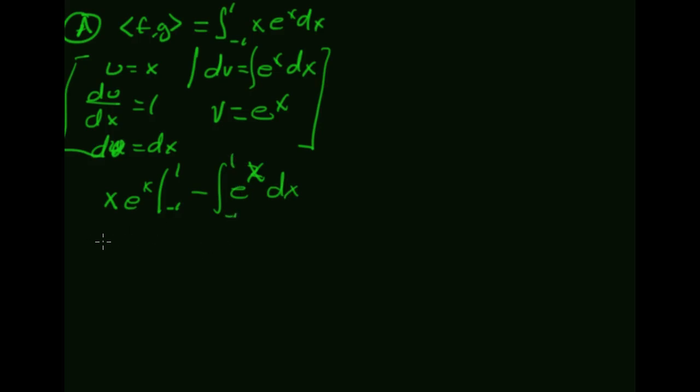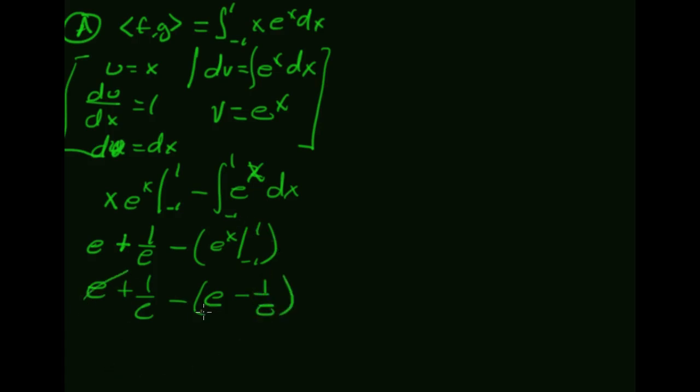So this is going to become e minus, so it's going to be plus 1 over e minus e to the x from negative 1 to 1, which is e plus 1 over e minus e, no, minus, that's going to be minus 1 over e.